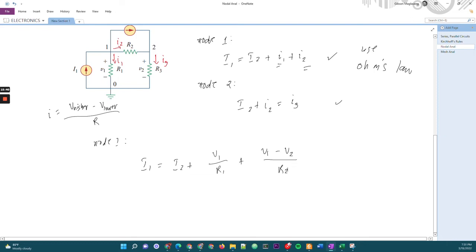So the small i has been expressed in terms of V over R, or in terms of the node voltages. Now for node 2, we have I2 plus small I2, the same, V1 minus V2 over R2, equals I3, which is V2 minus 0, just V2 over R3.